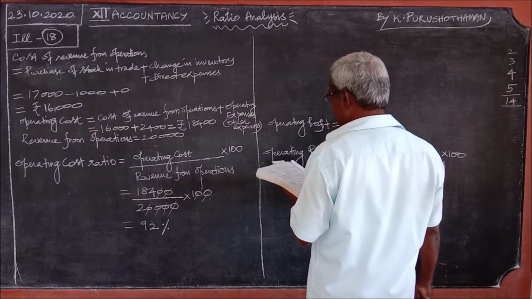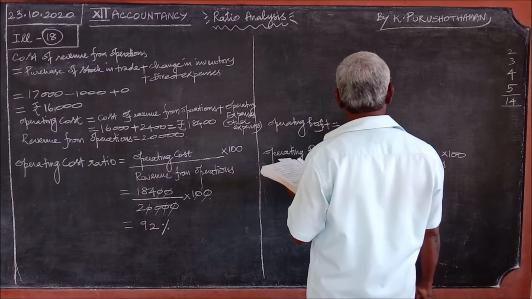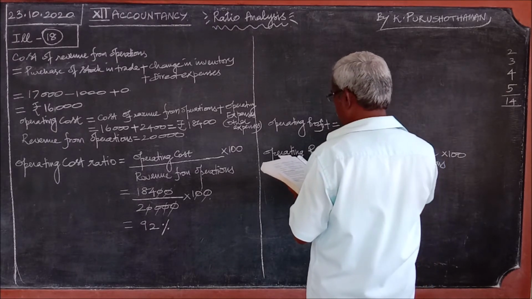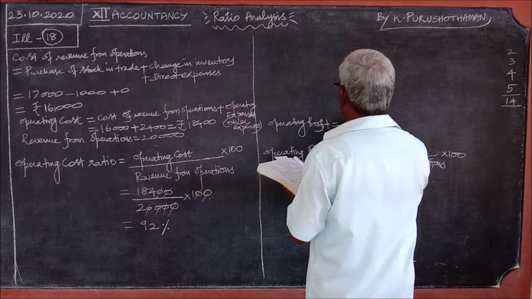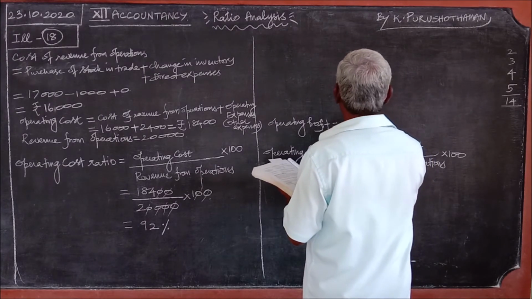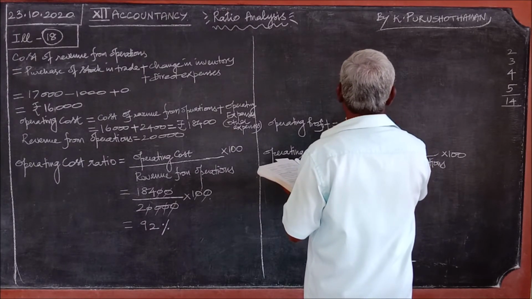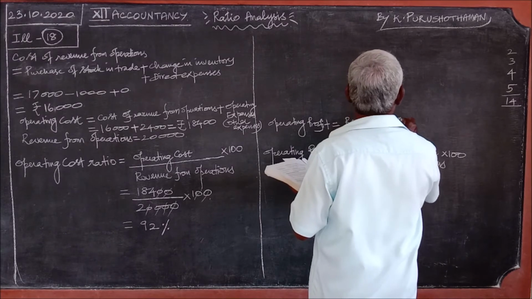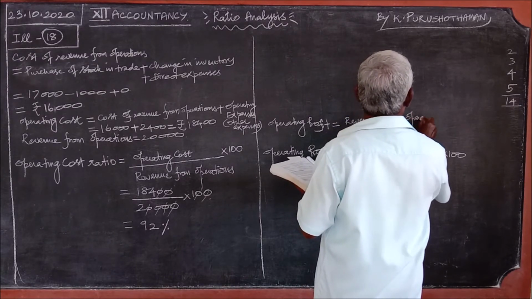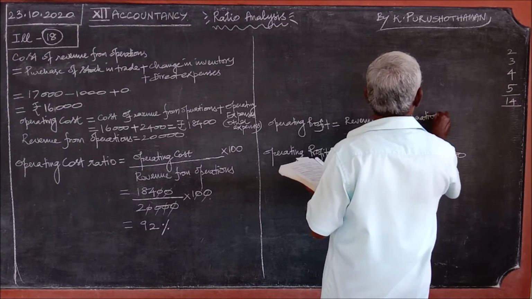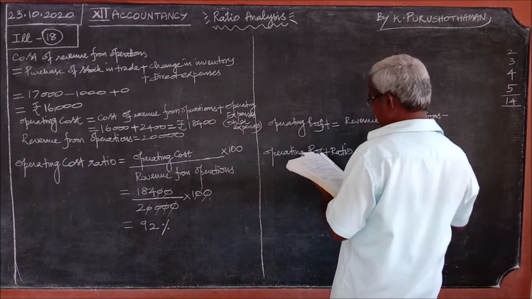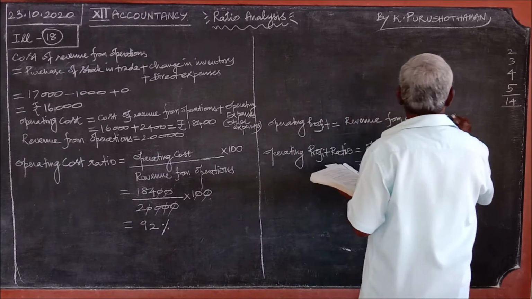What is the revenue from operations? It is 20,000. Operating profit is equal to revenue from operations, that is income, minus the operating cost.